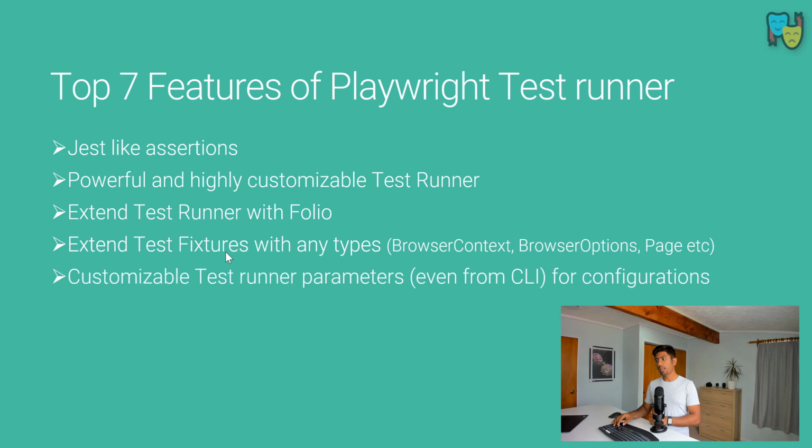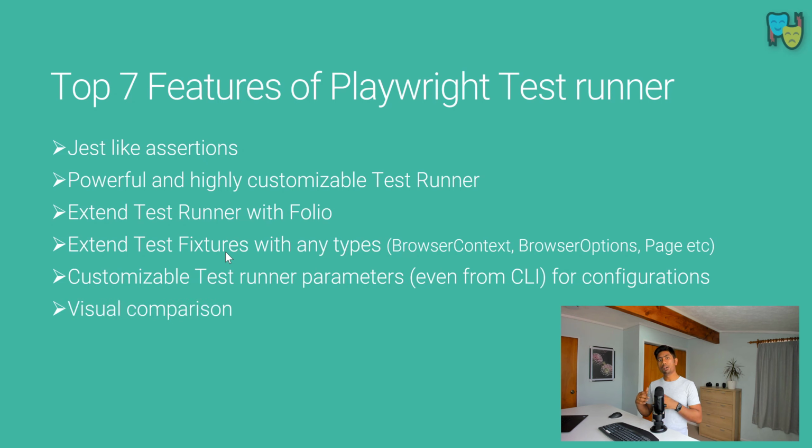And then you can customize the test runner parameters, which means you can customize the versions that you want to execute, or maybe the number of times that you want to execute the same test with different types of configurations. All those things you can do from the customizable test runner parameters.